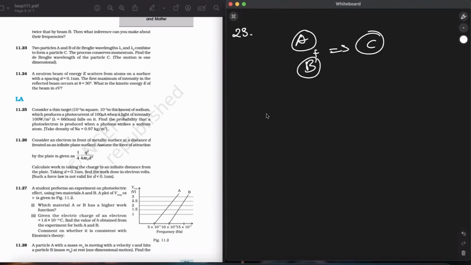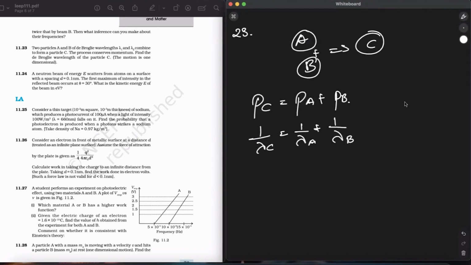Since there is conservation of momentum, I can write momentum of C is equal to momentum of A plus momentum of B. Relating through their lambdas, 1 upon λC is equal to 1 upon λA plus 1 upon λB, because lambda is inversely proportional to momentum.